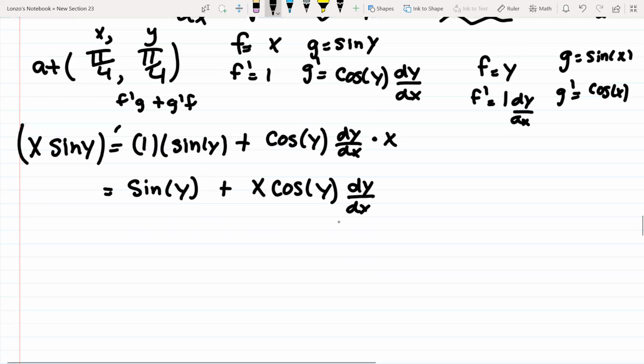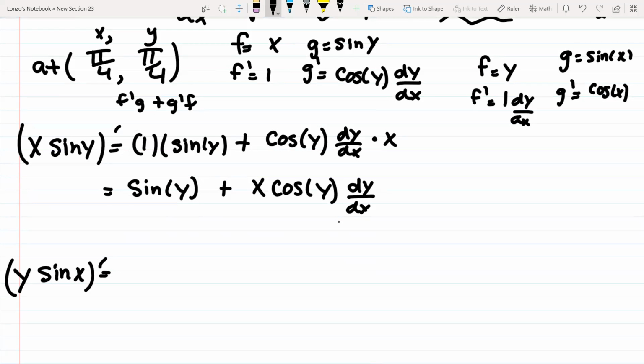So the derivative of y sine of x is going to be product rule.